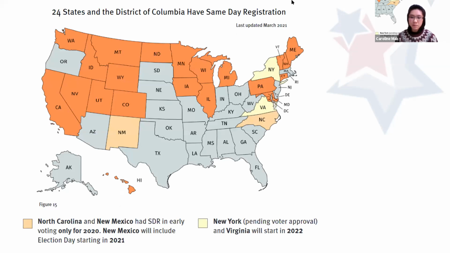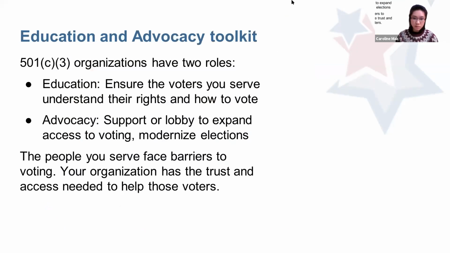So with the benefits of those policies, what role can you play? You have two roles or choices. One is education. You can ensure that voters you serve understand their rights and how to vote. The other is advocacy. On behalf of those people, you can also support expanded access to voting, modernizing elections to reduce the barriers they face.